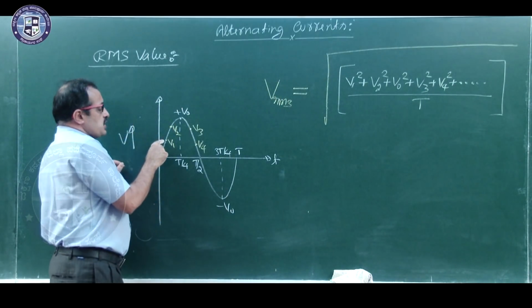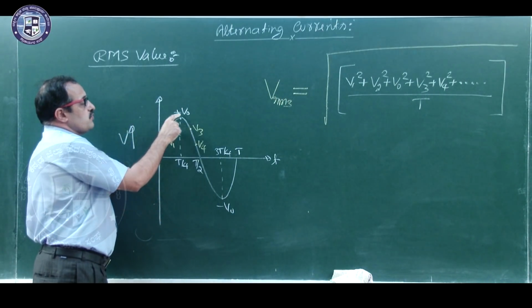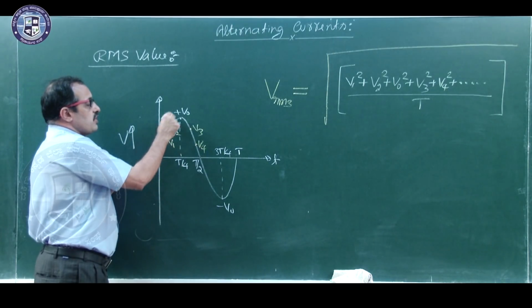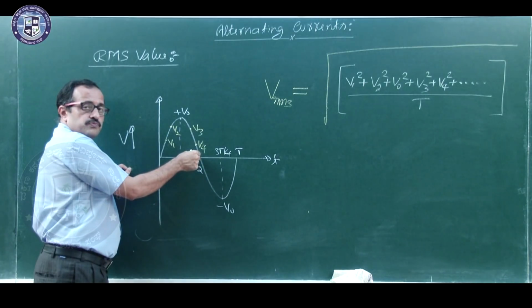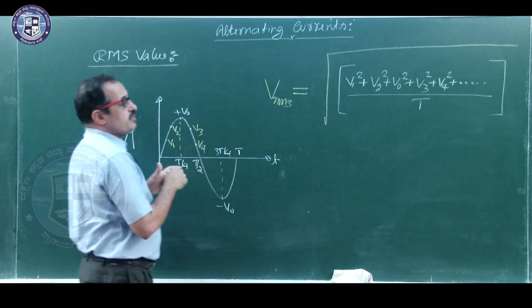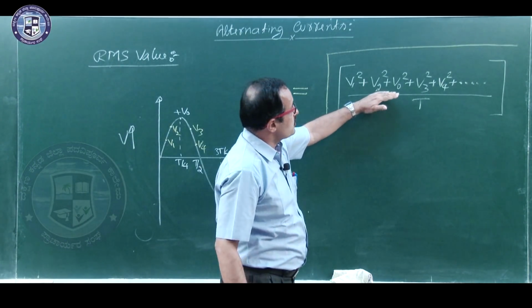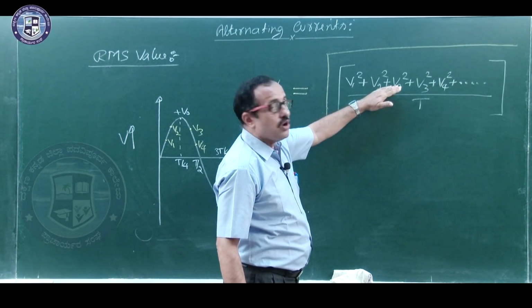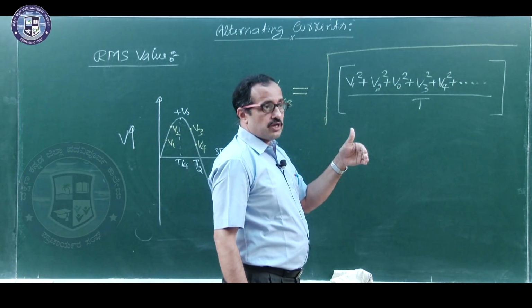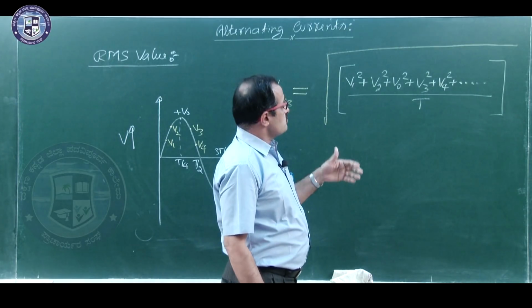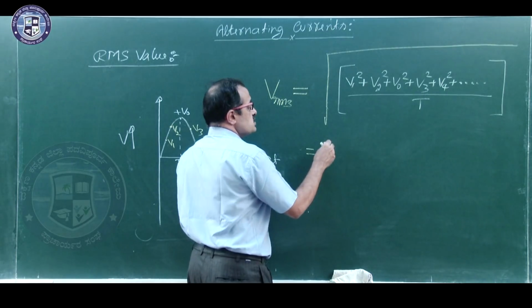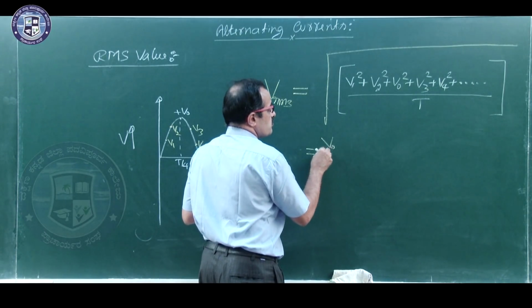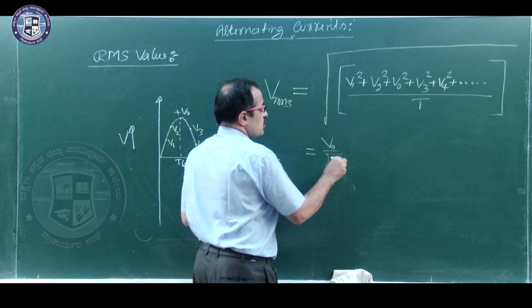And again, how to get this sum of the squares? Can we select these particular values V1, V2, V0, V3, V4? These are all selected values. Every point is an instantaneous value. Therefore, it is only by the method of integration. This numerator can be solved by integration, that is not required. But if you solve by integration, the last step is V0 by root 2.